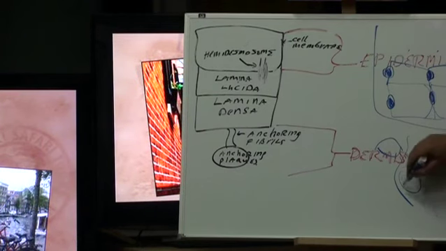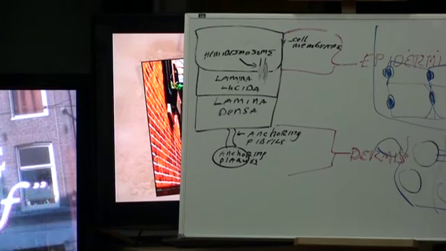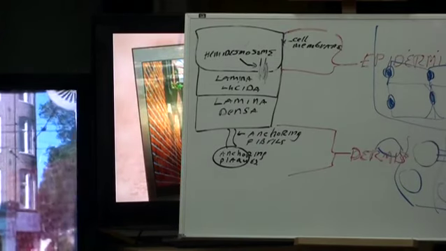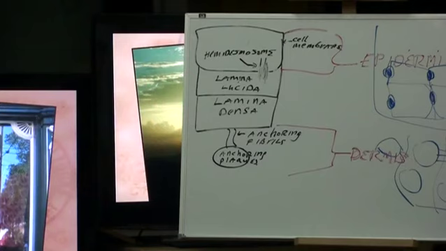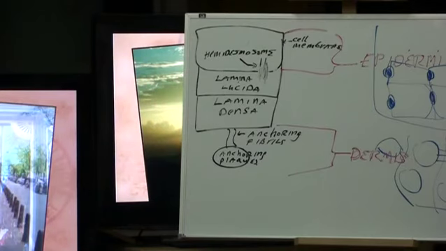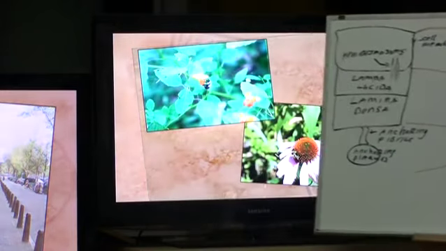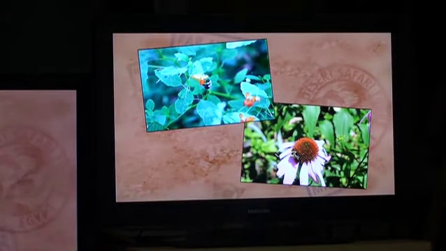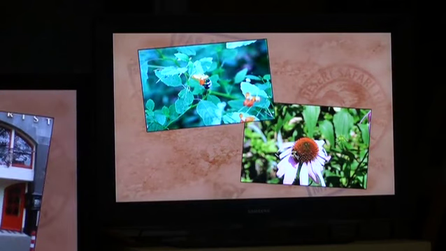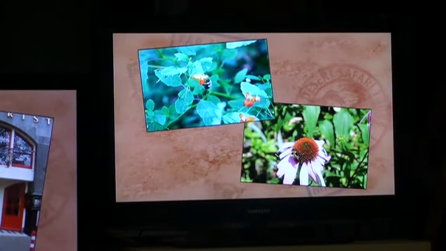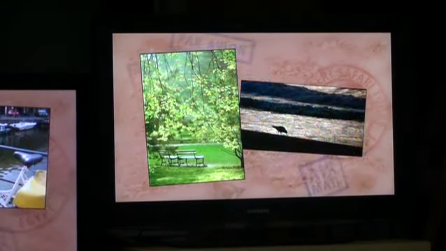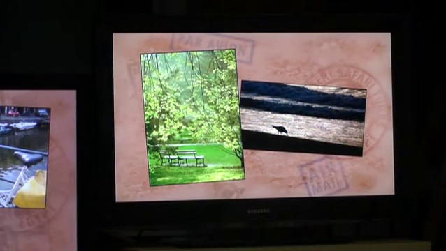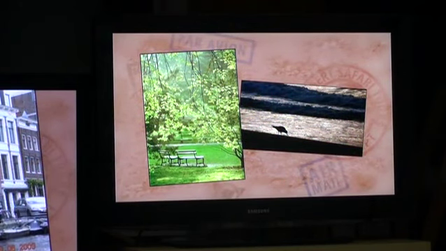In this, you actually have the entire collapse of the adhesions, and they separate. Depending on where the separation is, there are different forms of this condition.